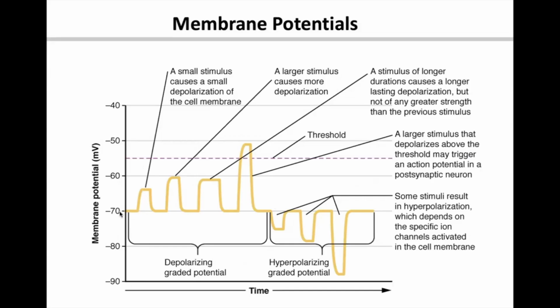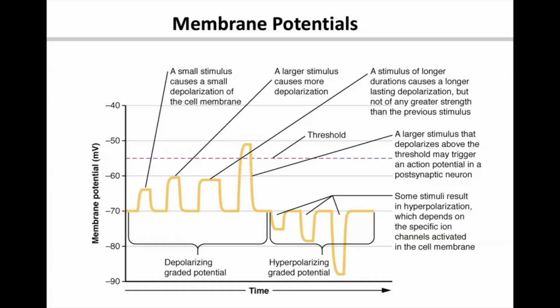As a result, from the resting membrane potential of negative 70, it goes to maybe negative 69, 68, 65, and so on. And then it dies down. Again, there can be another small stimulus, which goes ahead and dies out. So these are very local stimuli. These are known as graded potentials. So they are local.